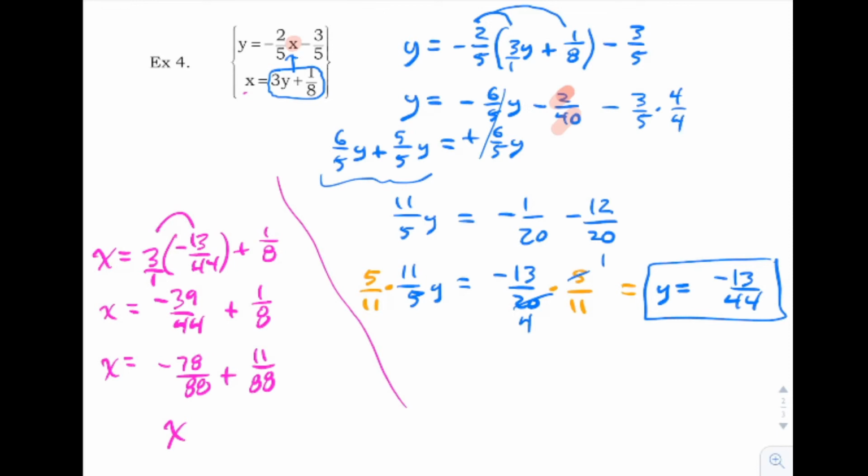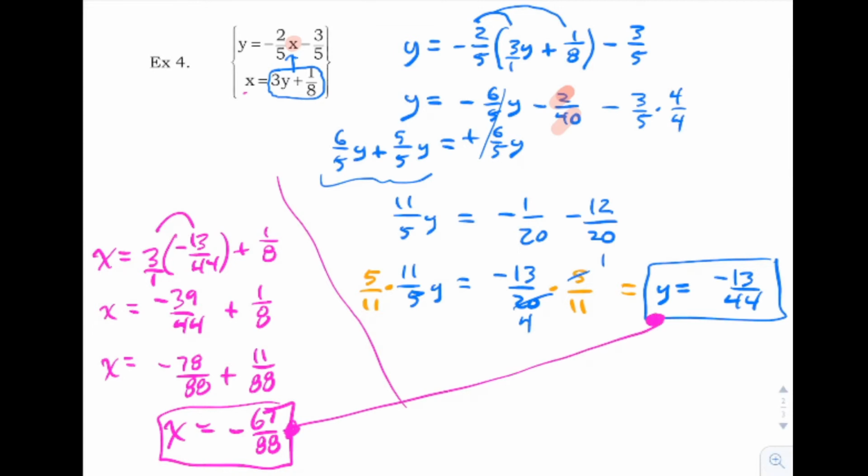And so for my answer for x, negative 78 plus 11, negative what, 67? Oops, not 2 negatives. Negative 67 over 88. So there's your x, there's your y. Well, that was some good fraction practice, right? Don't leave home without fractions. Fractions are good for you.